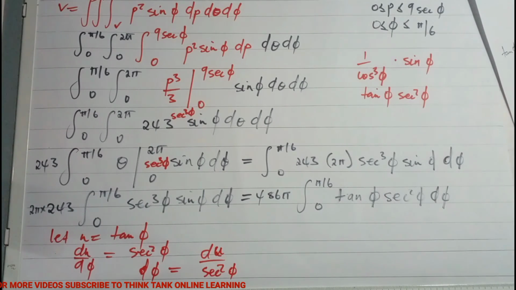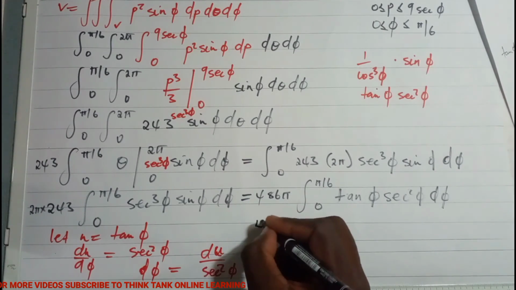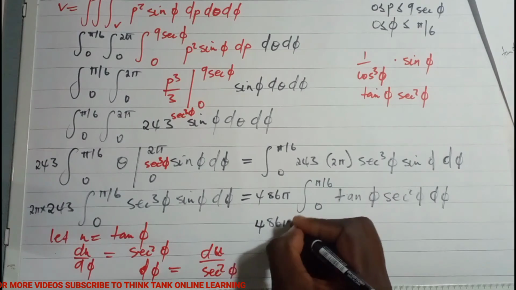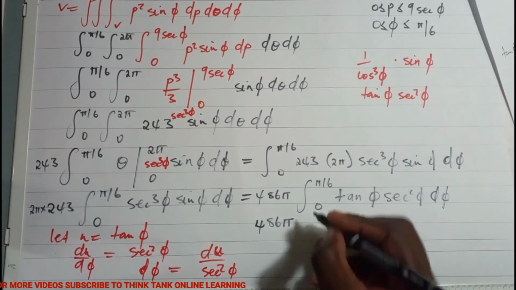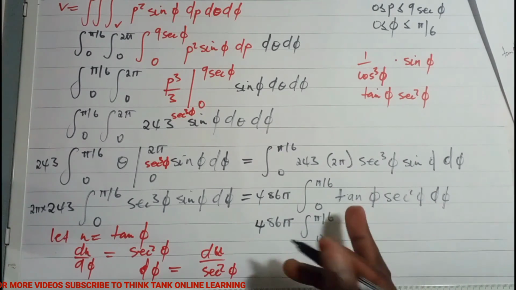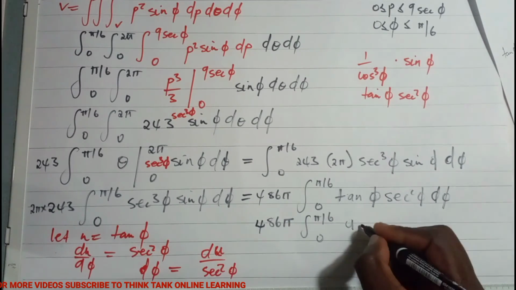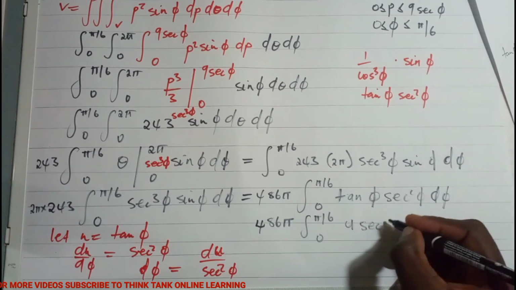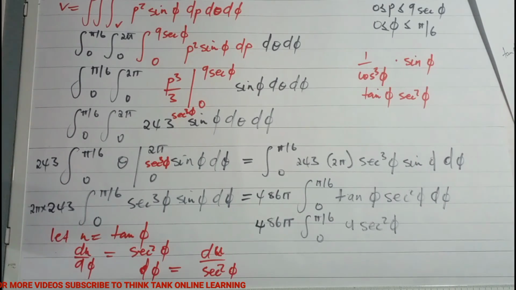So if I come here, I have 486 pi. Instead of having limits, let me just put the limits, 0 to pi upon 6. I'm going to say tan is now u, times secant squared phi.